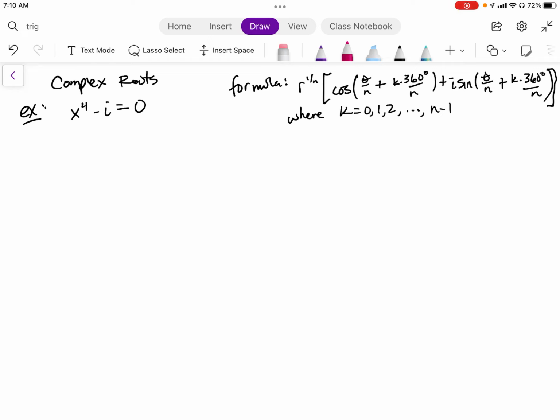Example, if instead we were doing this, I know that one of the solutions would be 1. So on the complex plane, we have 1. And because I'm doing a fourth root, all the solutions are spaced out, like take that full circle 360 and divide it by 4, then they're each spaced out by 90.